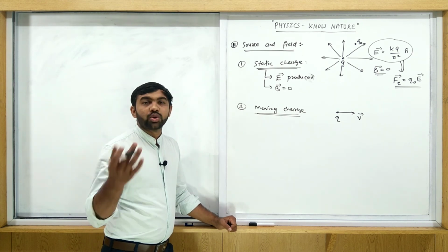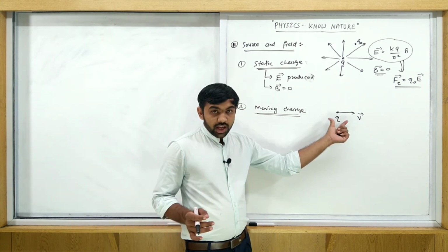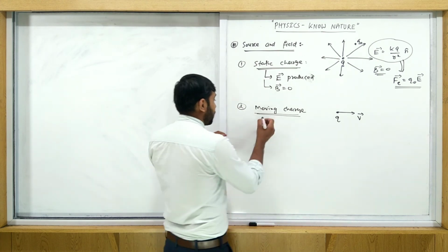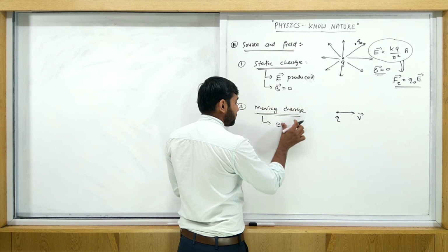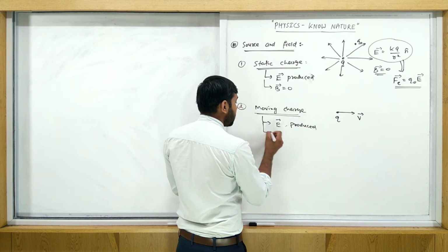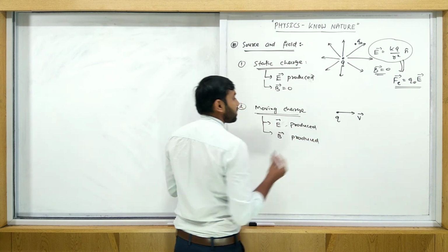It means it produces a magnetic field in the surrounding. And the charge is present alone, so an electric field is produced also. So for a moving charge, electric field is produced in the surrounding, as well as magnetic field.